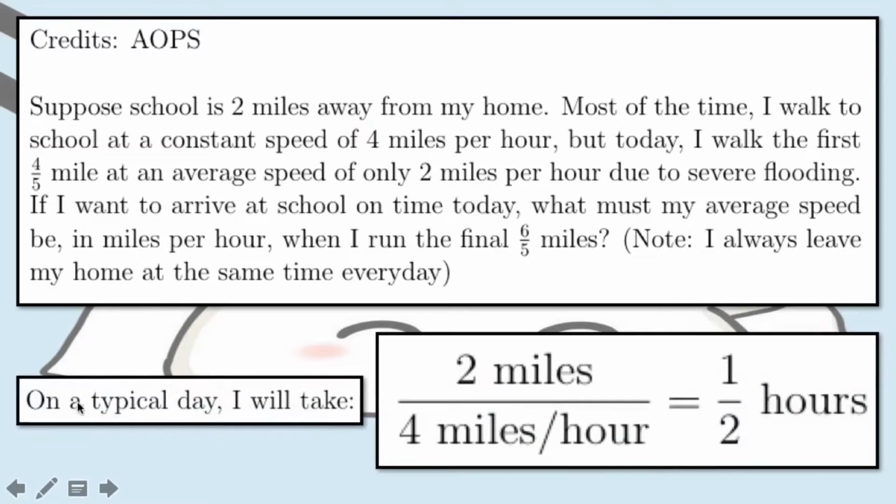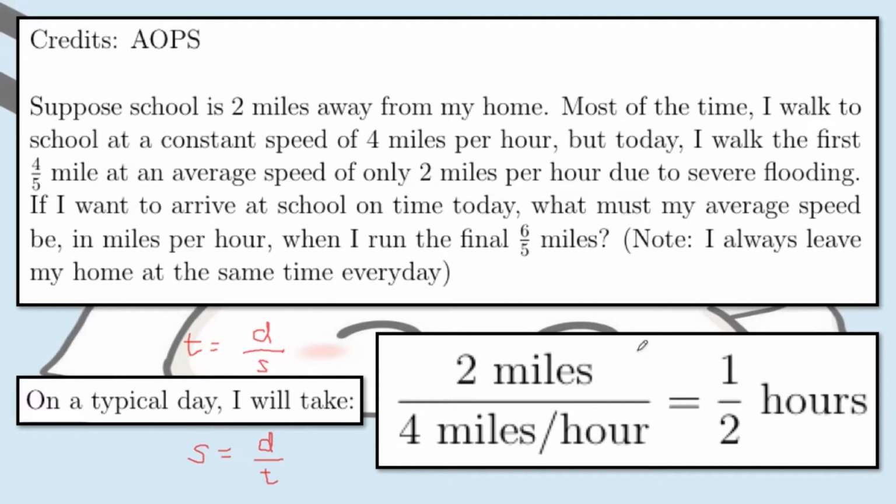So on a typical day, we're going to solve for the time. Since speed equals distance over time, we can solve for t simply by rearranging the terms. So t is equal to d over s.